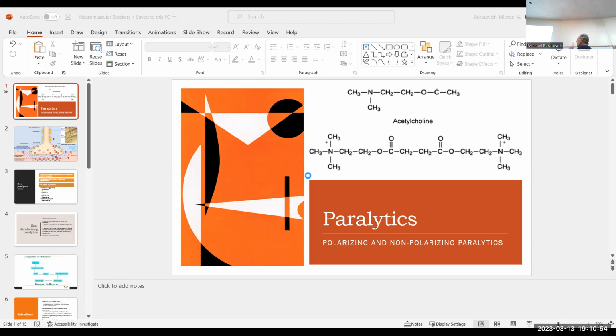Of these non-depolarizing paralytics, the ones that get used the most are rocuronium, the second one there, vecuronium, the fourth one down, and then cisatracurium, the fifth one down. Those are the three that get used the most.